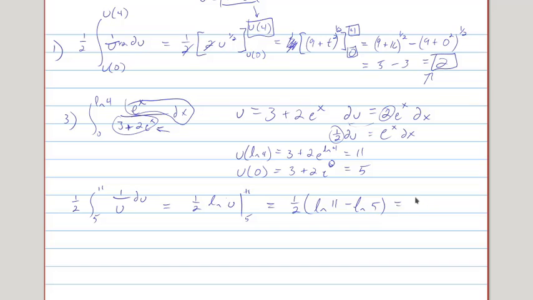Using some log trickery, I can call this 1/2 ln of 11 over 5, or even more log trickery, any of these last three answers are going to work fine. I'm going to call this ln of the square root of 11 over 5. Okay.